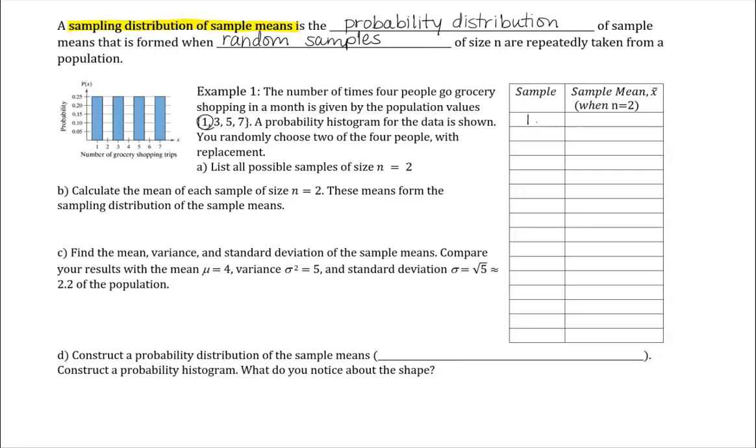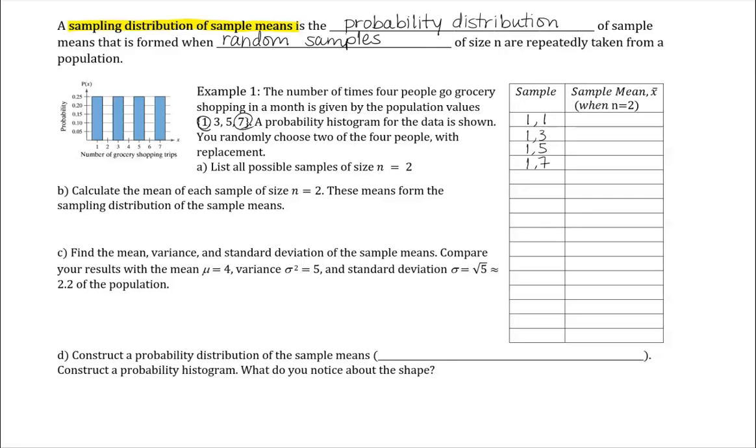So I could pick someone who only went to the grocery store once, and then also someone who only went once. Or I could pick someone who went once and someone who went 3 times. Or someone who went once and someone who went 5 times. Or someone who went once and someone who went 7.